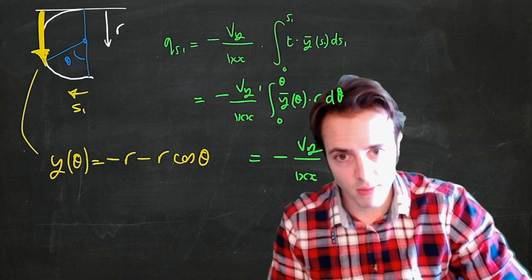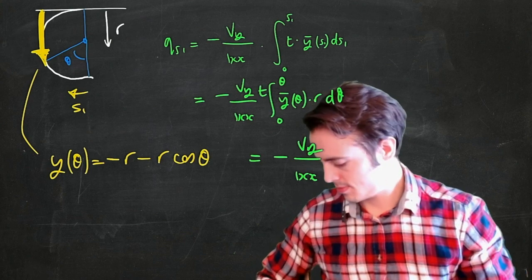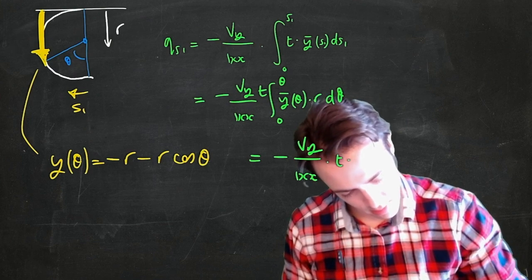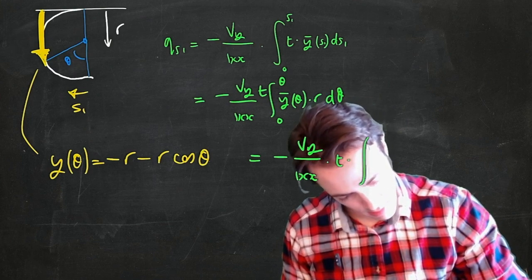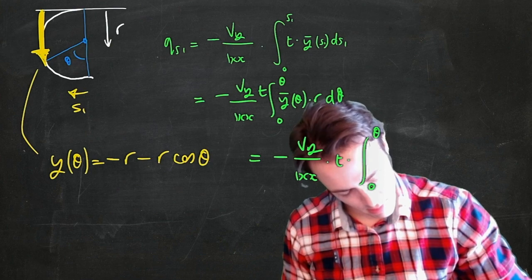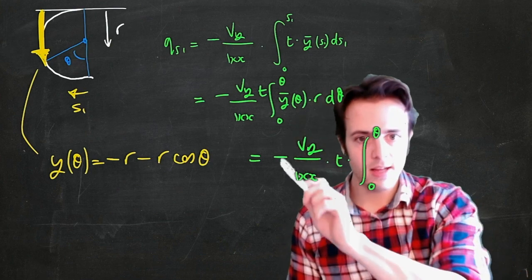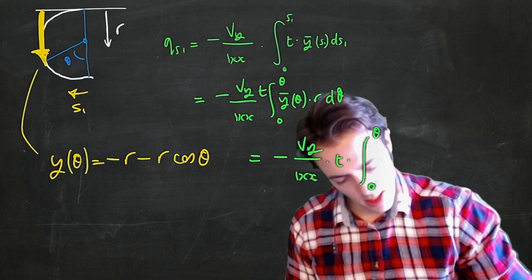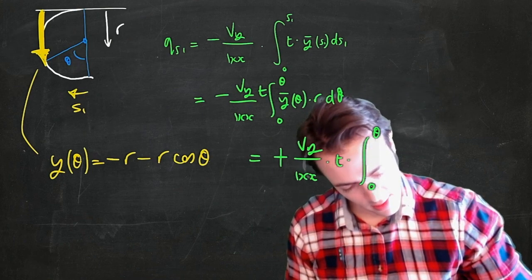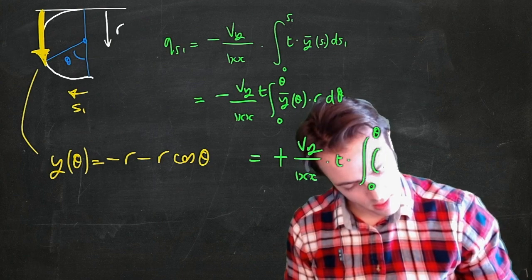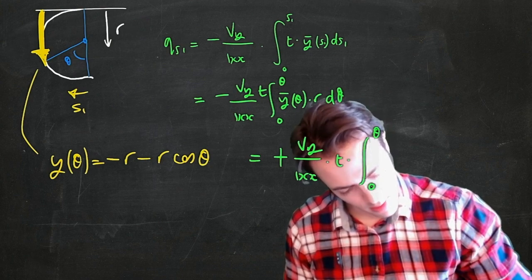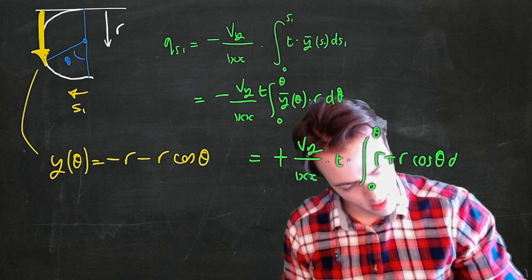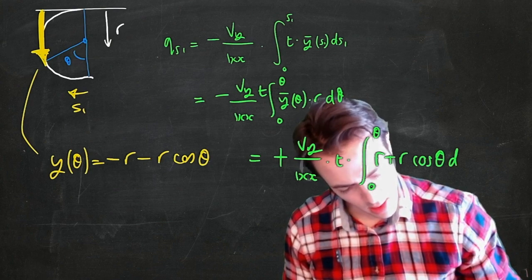I left a t out of that one up there. Let's put a t in. And in fact, because these are both minus, let's just turn that into a plus and say we've got r plus r cosine theta, r d theta.